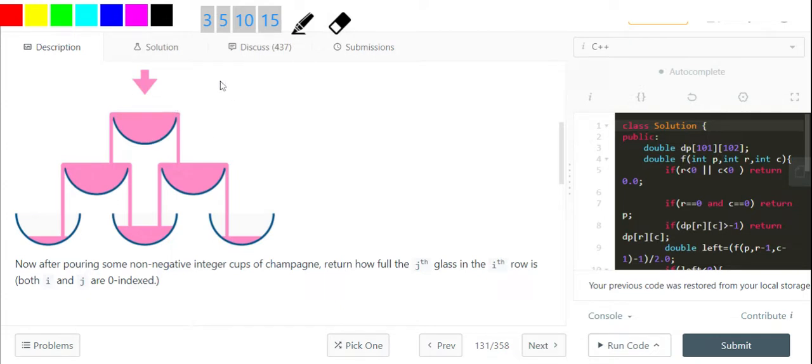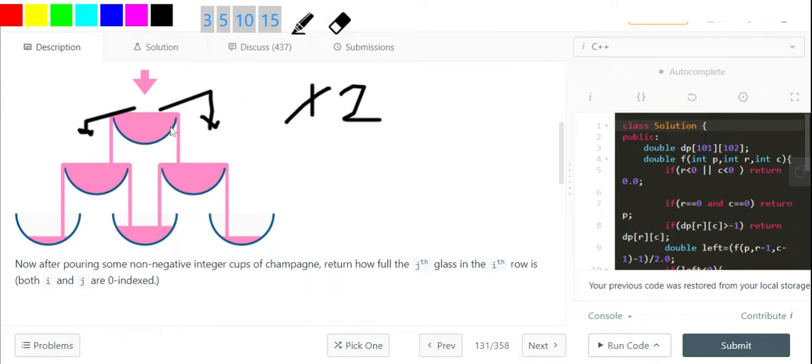So this is what has been depicted in this picture. For the first glass I filled this. After that, if I add one more glass of champagne, it will start to overflow from here, and it will also start to overflow from here. So this is what is happening as depicted in the picture.